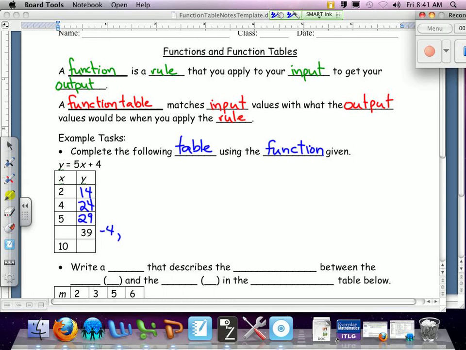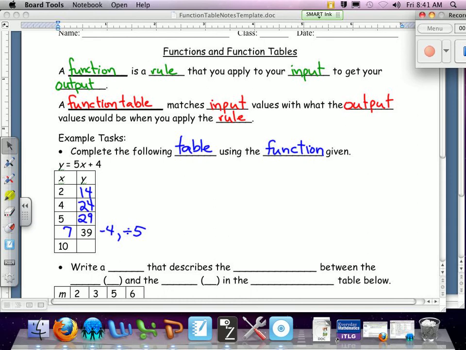So what's the opposite of multiplying by 5? Dividing by 5. So if we take that 39 and we subtract 4 and divide by 5, what do we get as the input value? 7. And then we test it out. 7 times the 5 is 35 plus the 4.